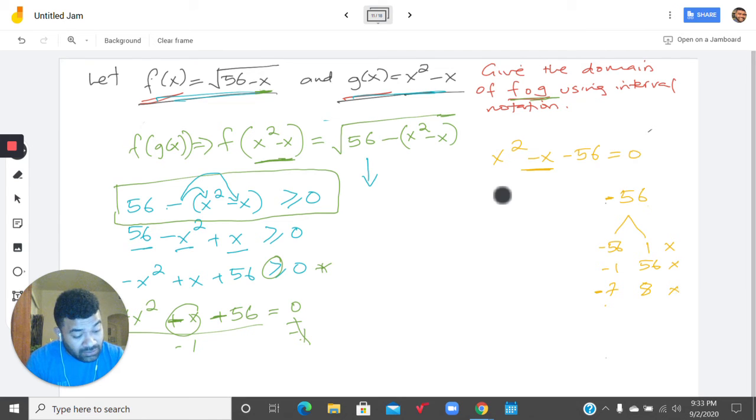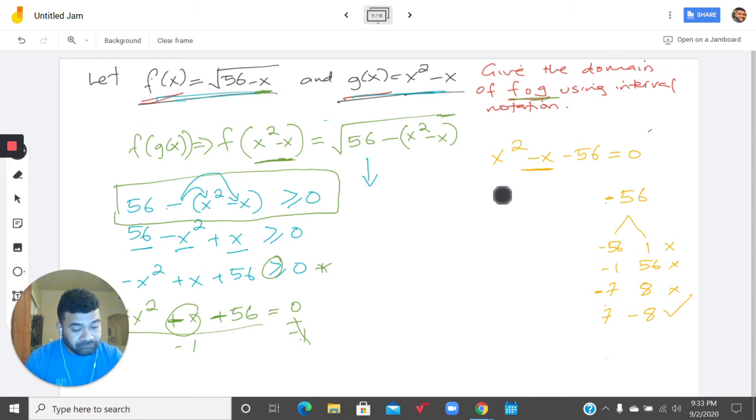So let me just change the sign. I make 7 positive, and I make 8 a negative. If I do that, 7 multiplied by negative 8 gives me a negative 56. And when I add 7 plus the negative 8, it gives me a negative 1. So this one works.